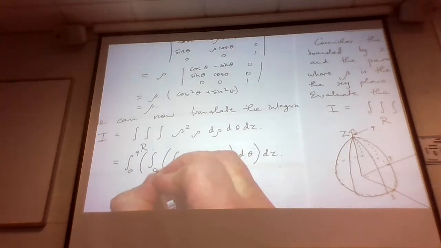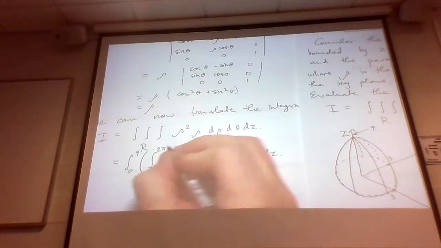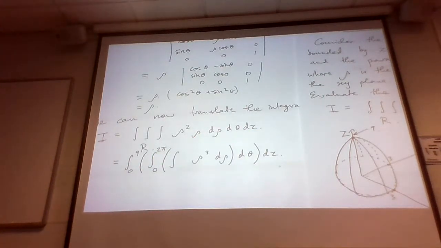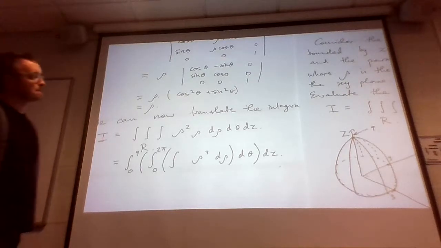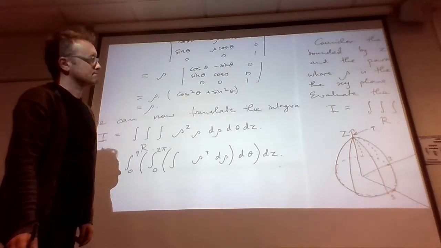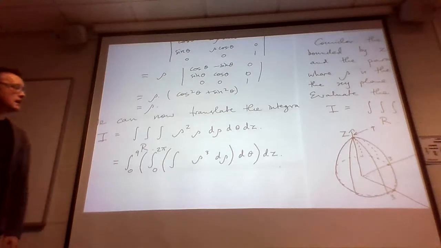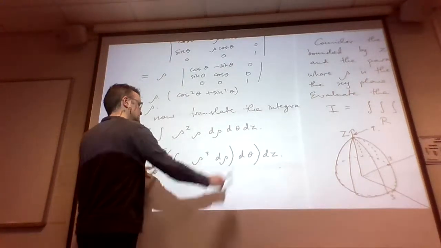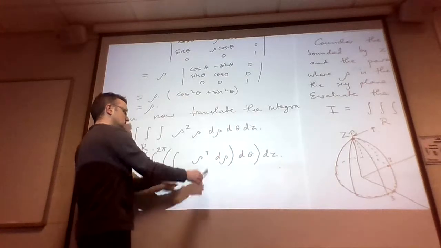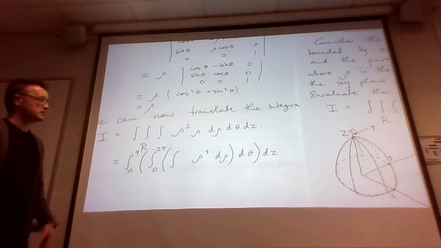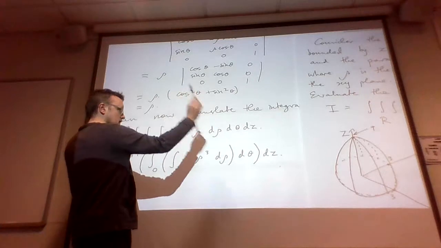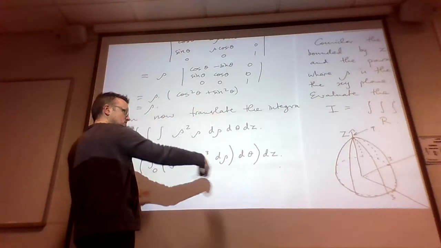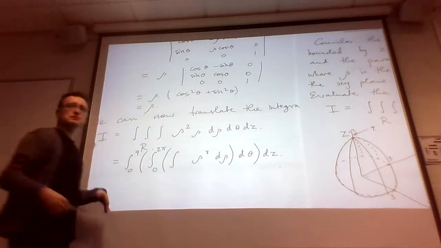So we need to go for every angle 0 to 2 pi. And now that theta integral supplies its values of the angle theta to the inner rho integral. So the z integral at the outside, the theta integral in the middle, they're both supplying values of their variables to the inner integral.